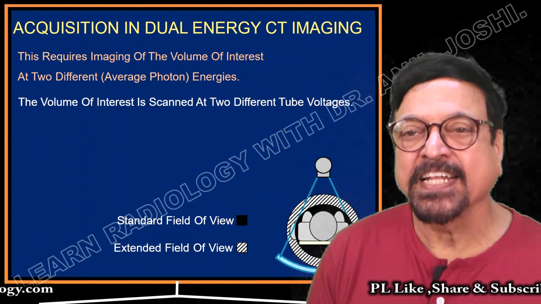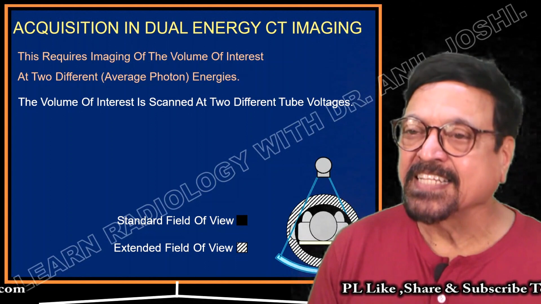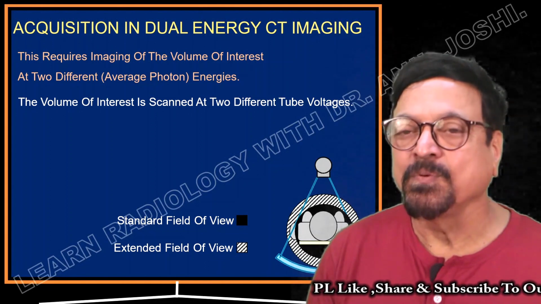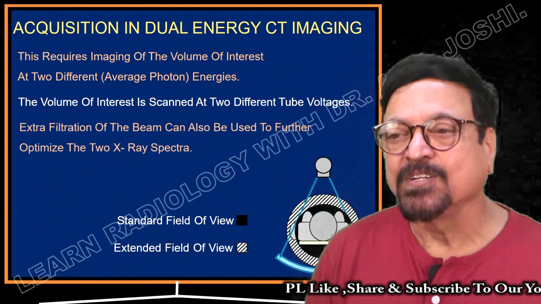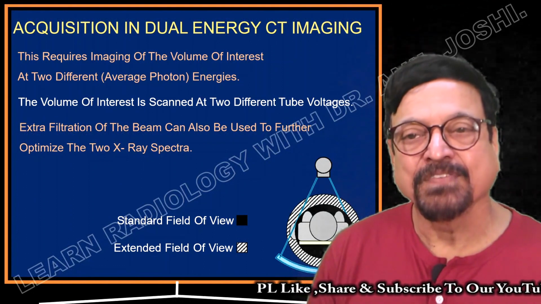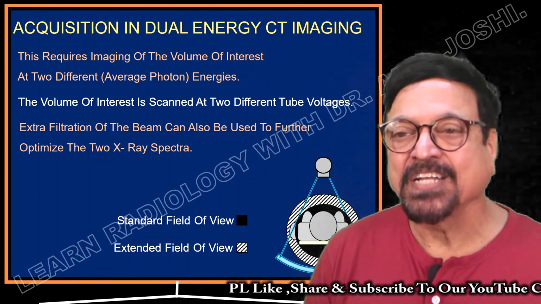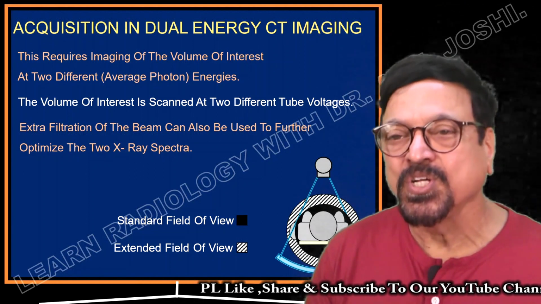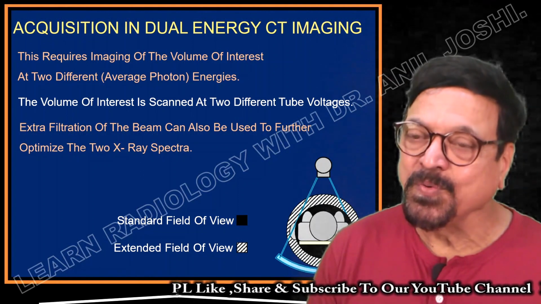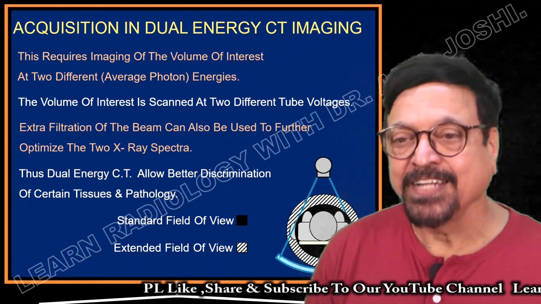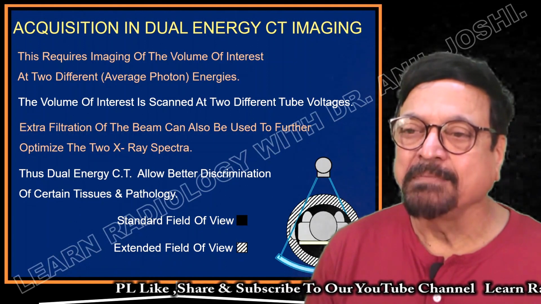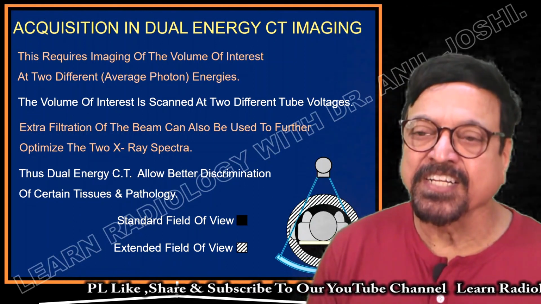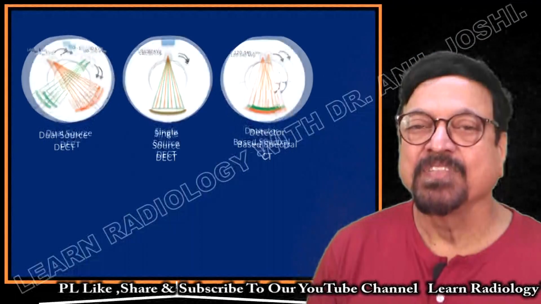The volume of interest is scanned with different tubes, different voltages, different detectors. Extra filtration of the beam can also be used to further optimize the two X-ray spectra. Thus, dual energy CT allows better discrimination of certain tissues and pathologies.